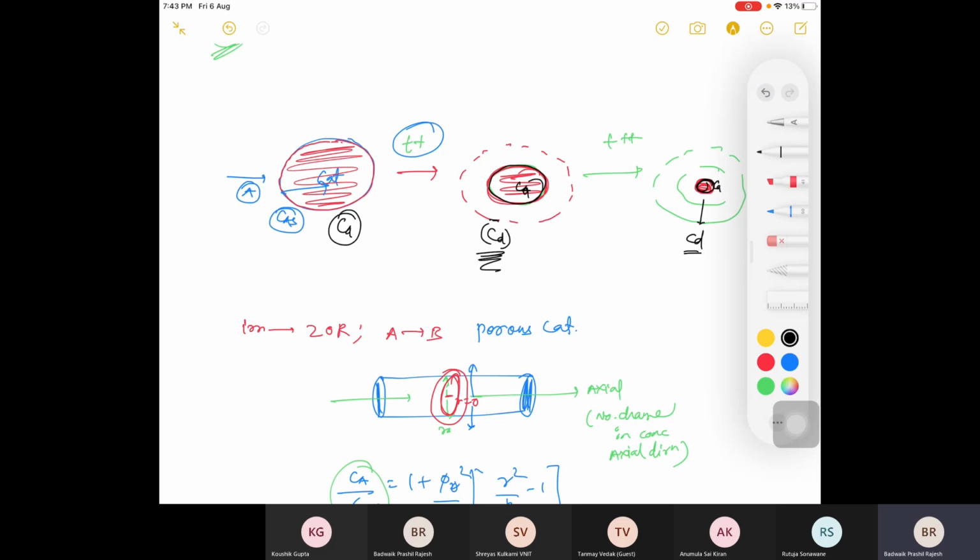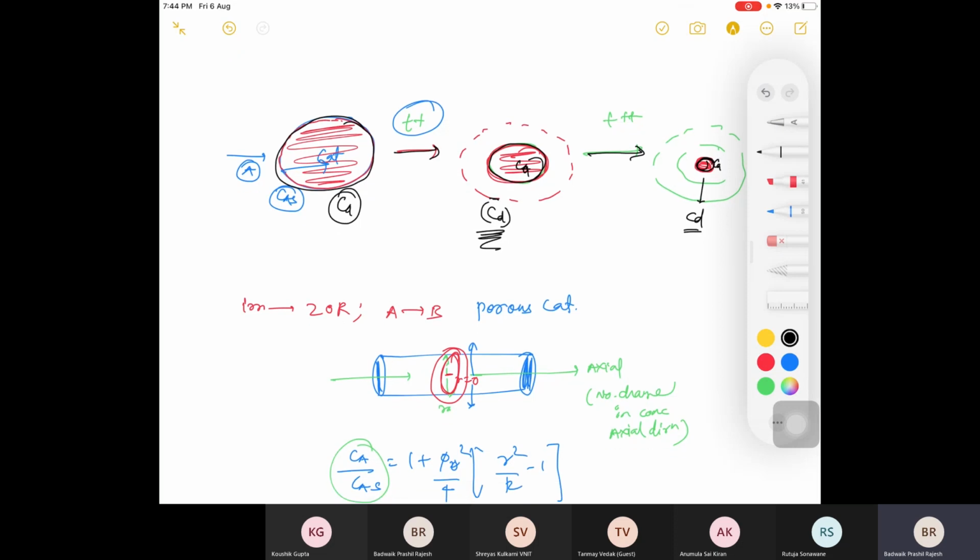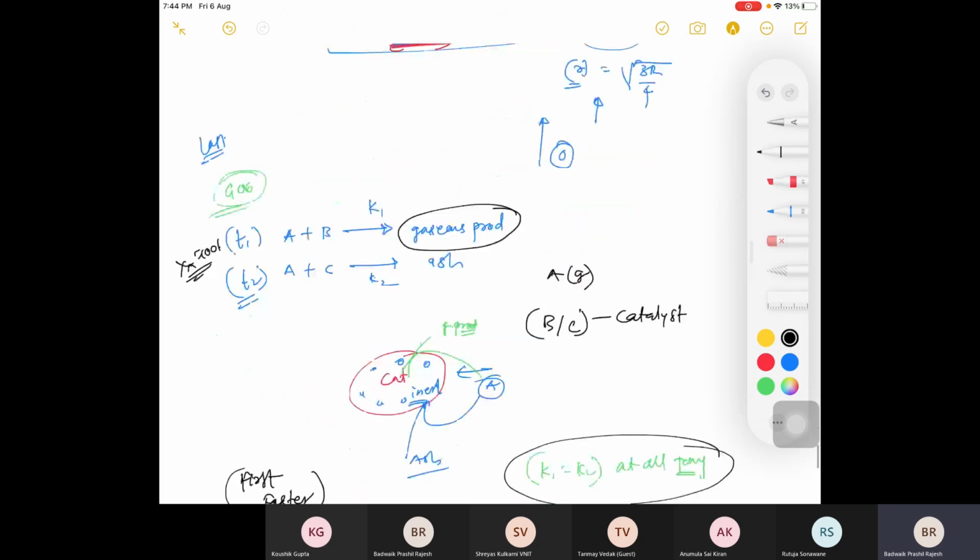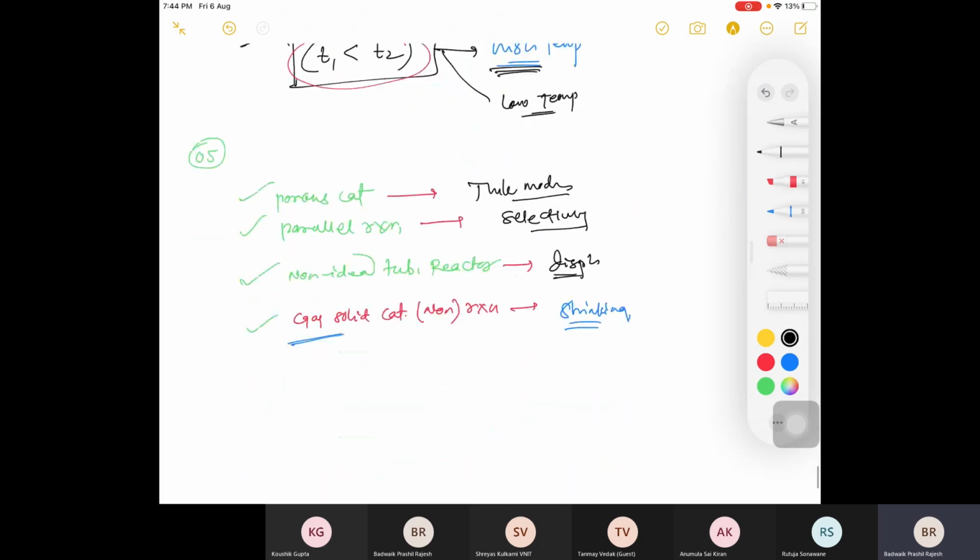The core, first, has a higher size, and this core is continuously shrinking, right? So this is the brief overview of the shrinking core model. Whenever there is a decrease in active surface area of the catalyst as the reaction proceeds, that model is called the shrinking core model. It has been modeled, you can find that.